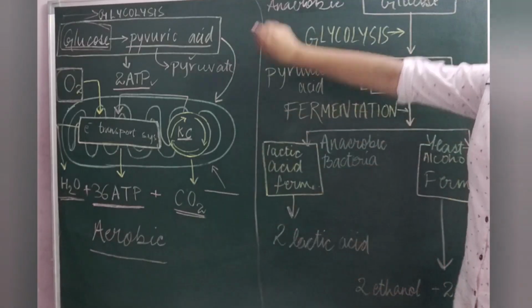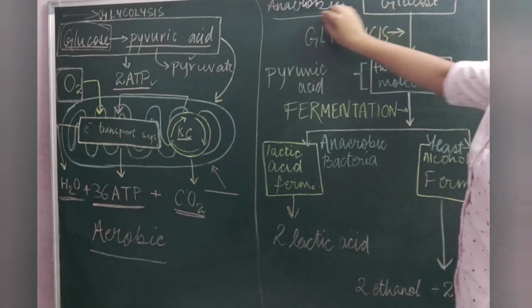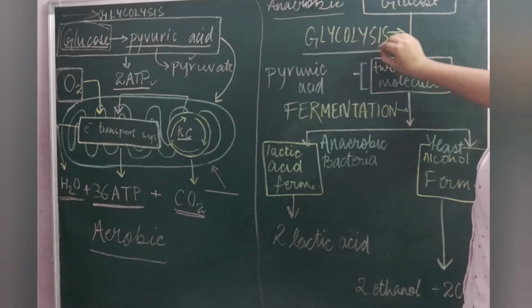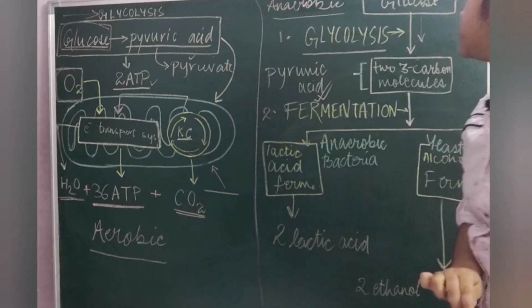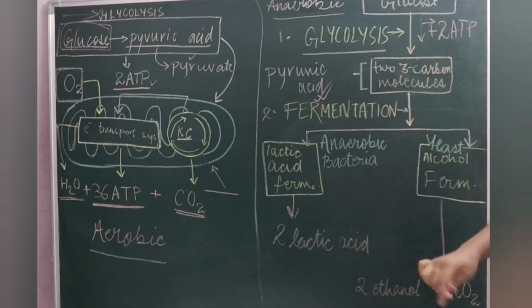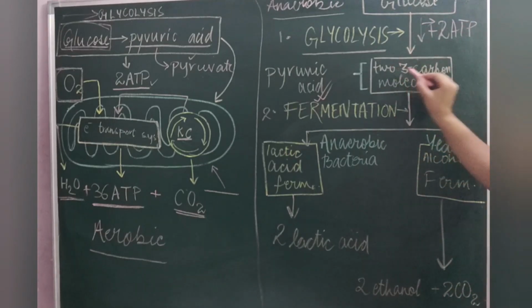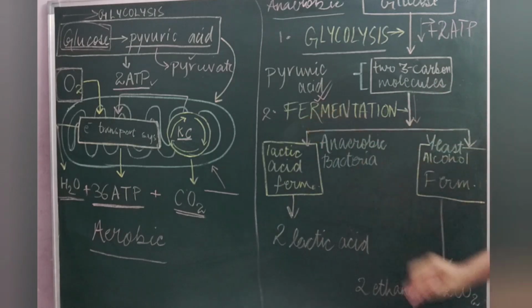Okay, so anaerobic respiration. Here the same process occurs, glycolysis. Next step, always remember 2 energy, 2 ATP, are released here. Then this further goes into the process of fermentation.